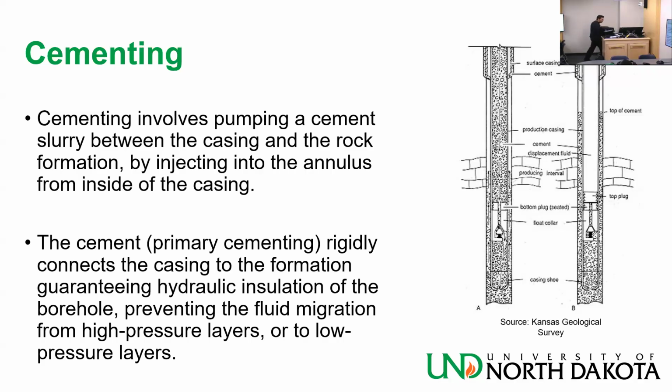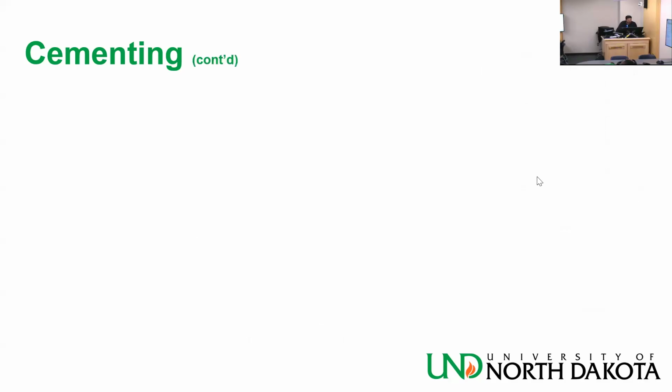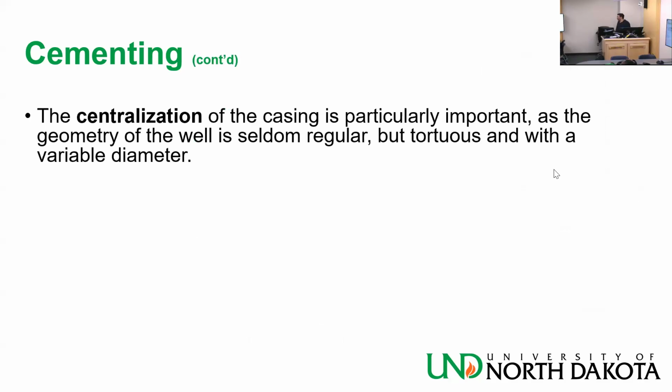Okay, remedial stuff. So here on the picture, we see some of the components that are needed, but there are several components that are necessary, like centralizers. When you run the casing, you have some things called centralizers that make sure it stays in the middle of the hole, doesn't touch the side.